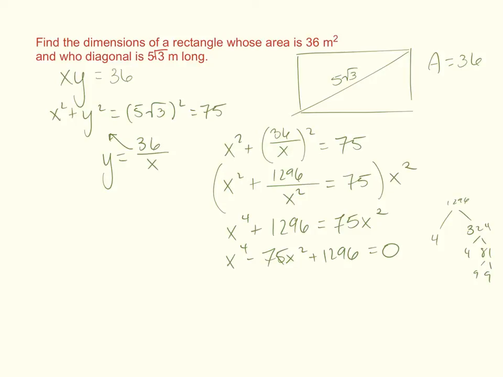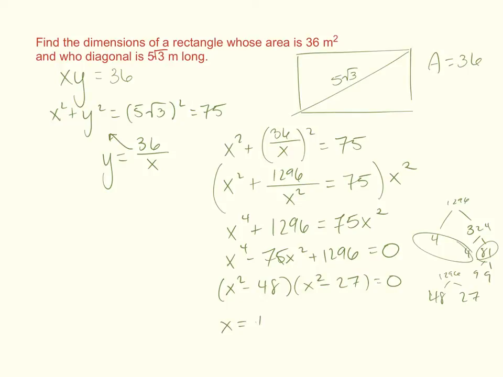And I see that 81 and 16 are both factors of 1,296, as well as I know that 48 and 27 go into 1,296, and those added together is 75. So my factors are going to be x squared minus 48 times x squared minus 27 equals 0.